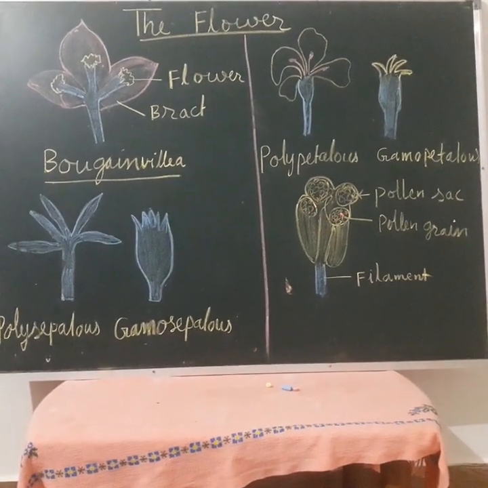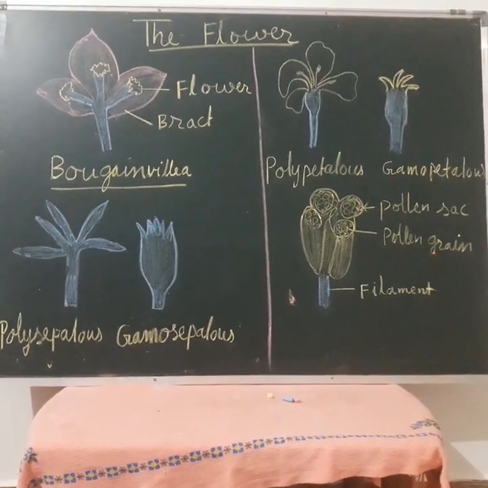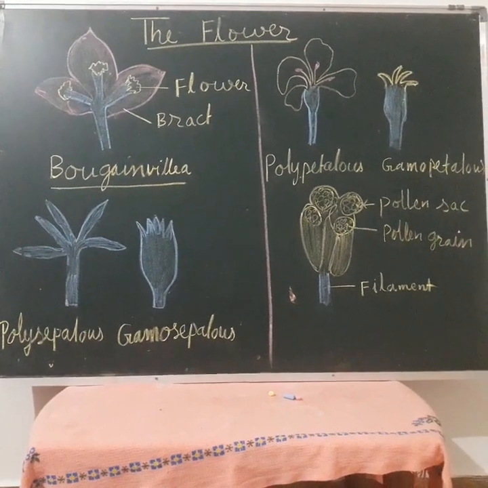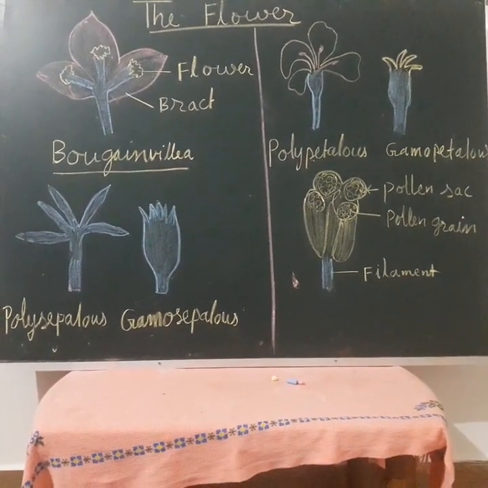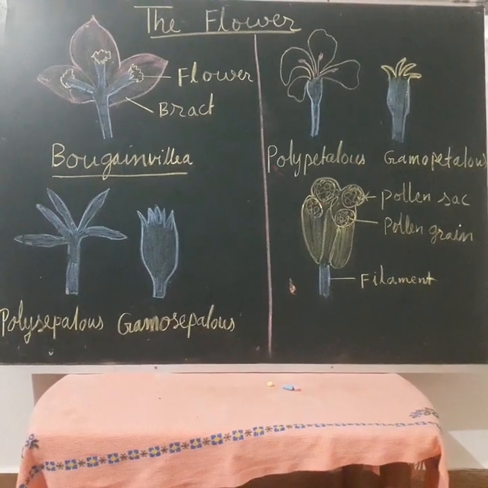When it matures it produces pollen grains, which help in pollination, falling on the stigma and helping in fertilization.